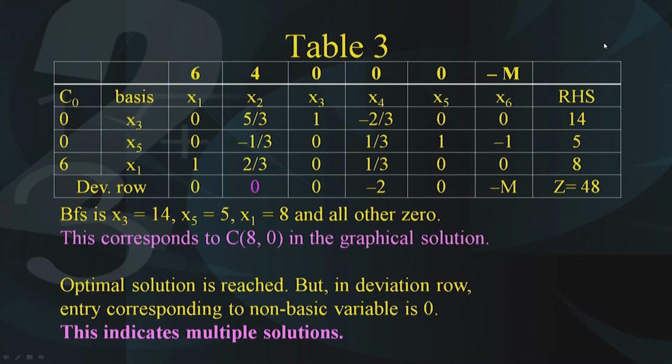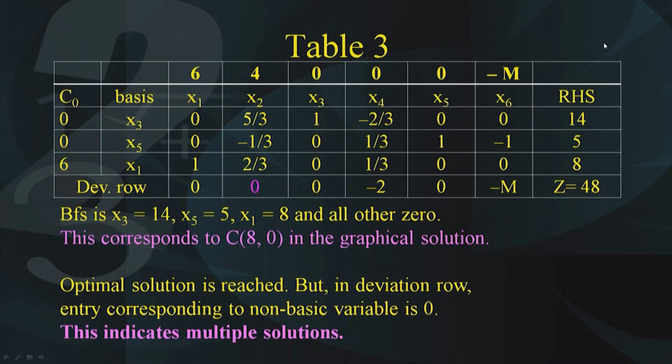Once this has become 0, let us observe the BFS that we have. The BFS is as follows: x3 is equal to 14, x5 is equal to 5 and x1 is equal to 8, and all others 0. Now, what does this mean?